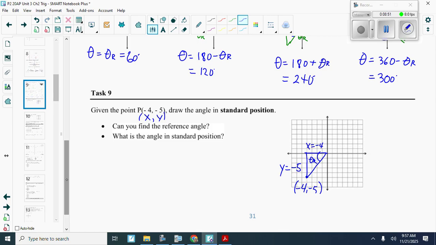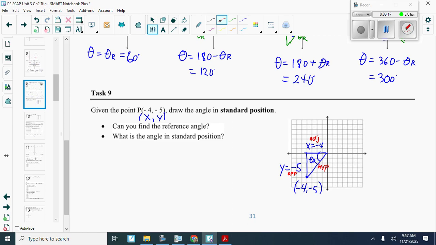Now we're going to go back to grade 10 trig. We can use our SOHCAHTOA in order to find out the reference angle, because if we were to label this, this is our opposite side, this is our adjacent side, and this is our hypotenuse.